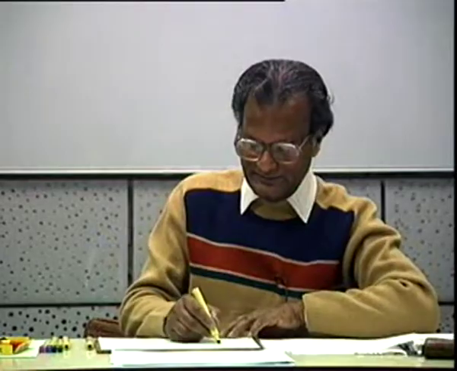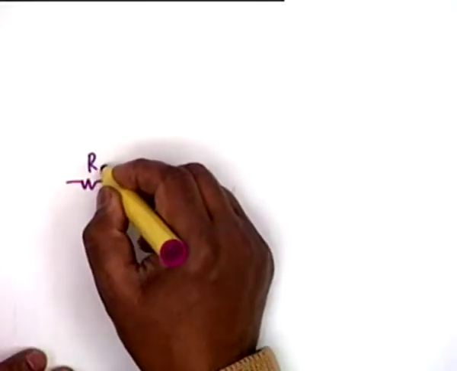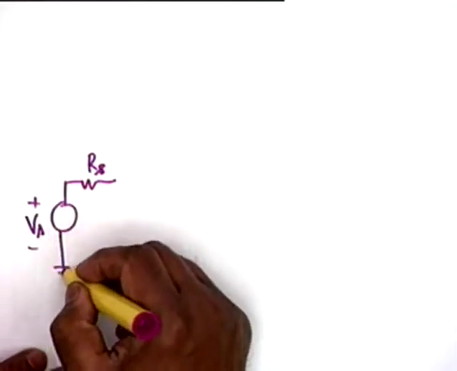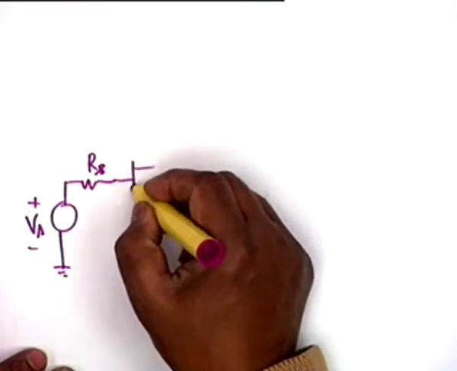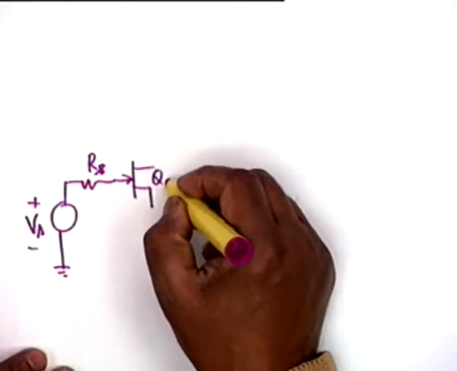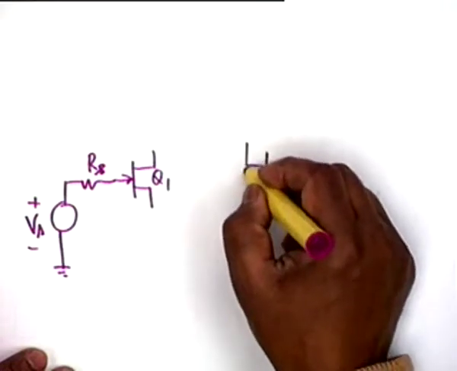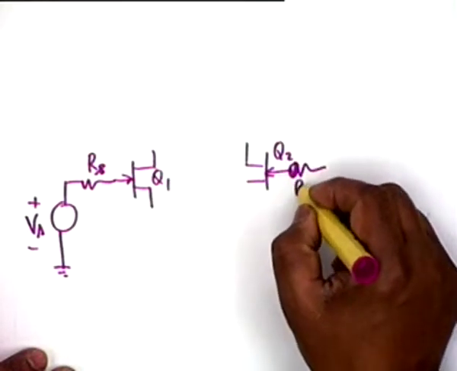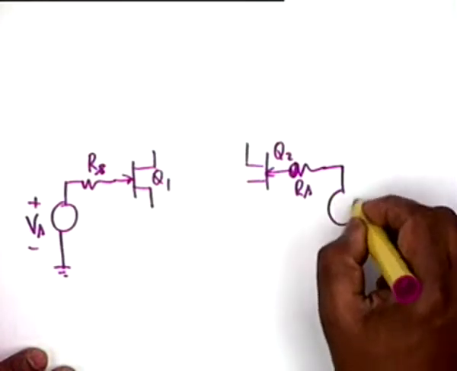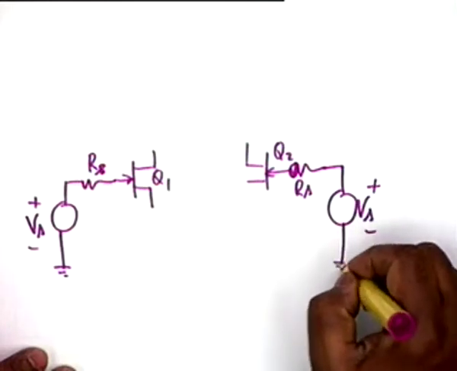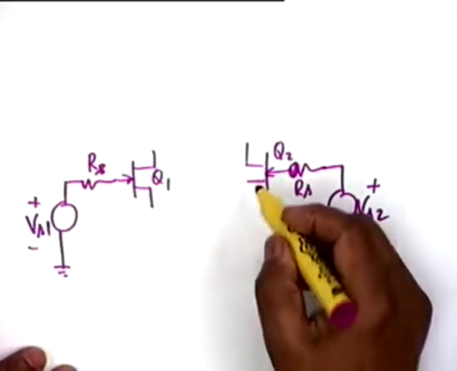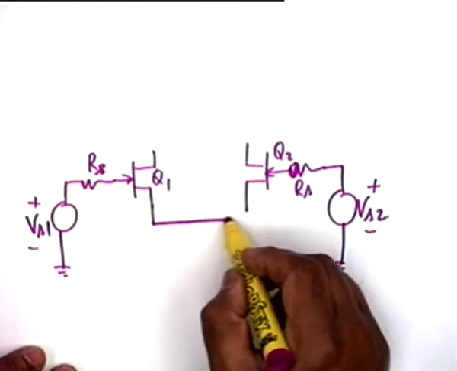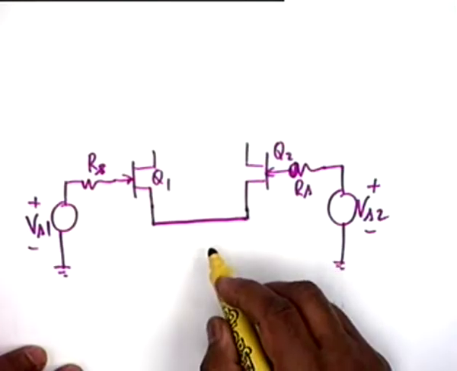The circuit, as you can very easily guess, is very similar. We have two transistors, Q1 and Q2, RS and VS1, VS2, two transistors in which the two sources S1 and S2 are connected together instead of two emitters.